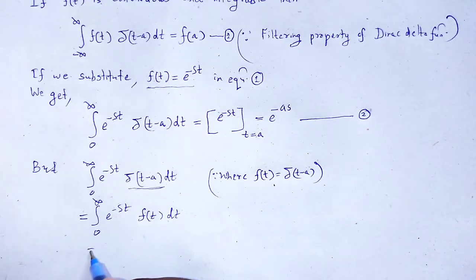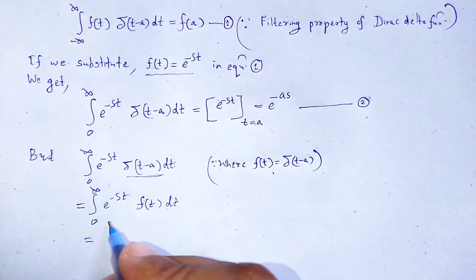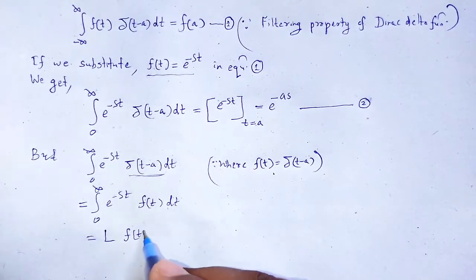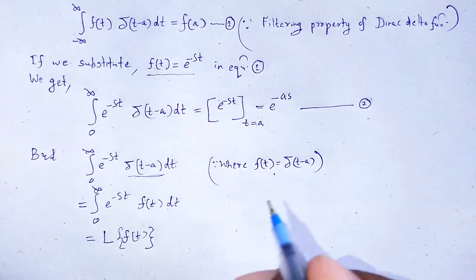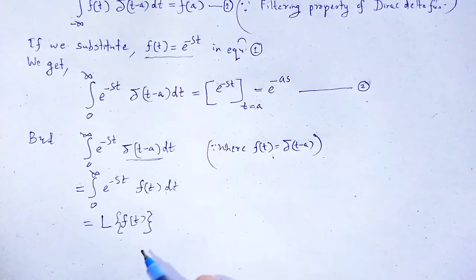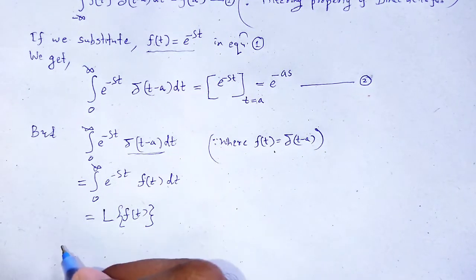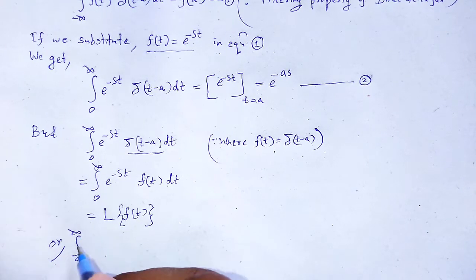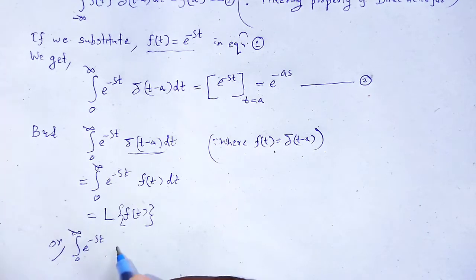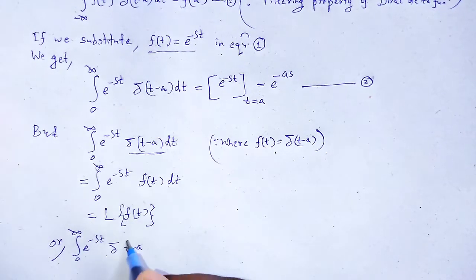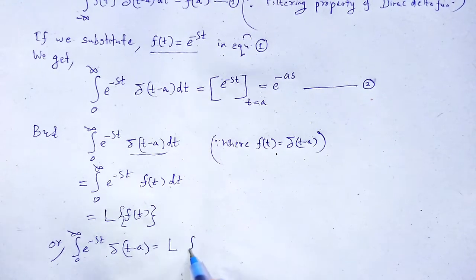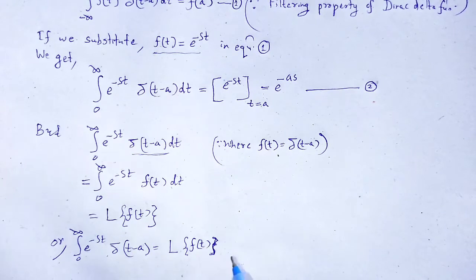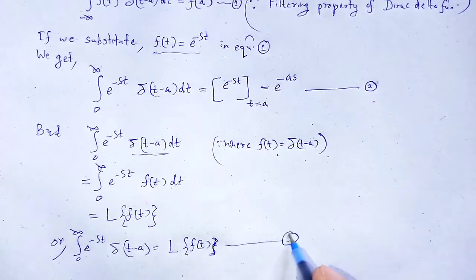That is the definition of Laplace transform as the Laplace transform of the function f of t. So, that can be written as integration from 0 to infinity e to the power minus st delta of t minus a dt is equal to Laplace transform of f of t. That is equation number 3.